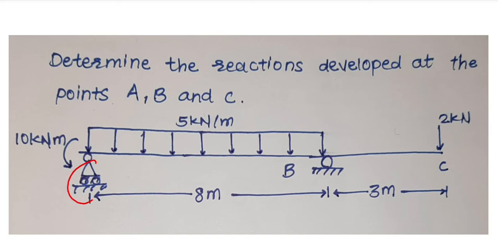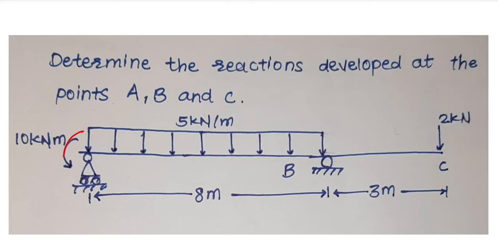Now, as this is a hinge joint, a horizontal force in the direction of the beam will be acting on it, and a vertical force will be acting on point A in the vertically upward direction. These two reaction forces will be acting.